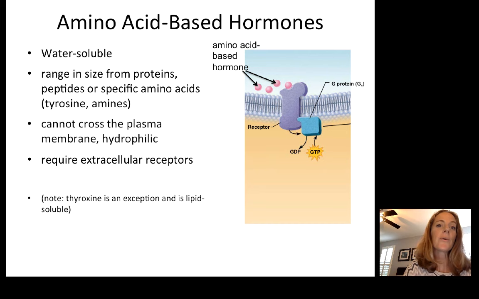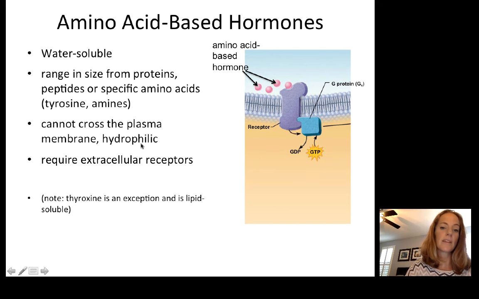No. So amino acid based and water soluble hormones are polar and large, meaning that they often have charged regions and or they are very large proteins. They can range in size from large proteins to polypeptides. They can also be specific amino acids. In any case, they are water soluble and they cannot cross the plasma membrane.